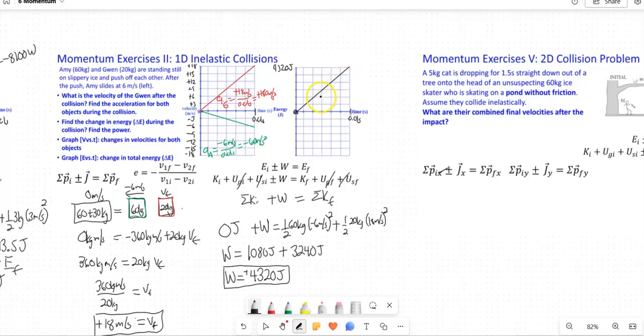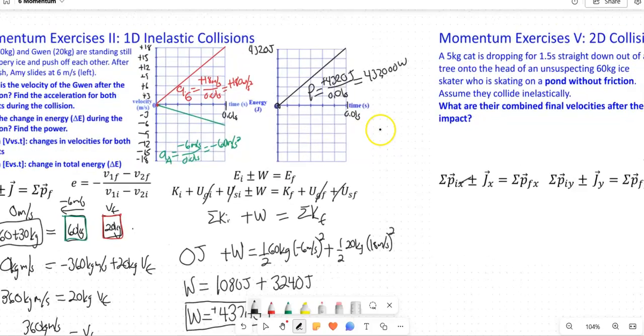And so that power is going to be positive 4320 joules divided by 0.01 seconds, which is 43200 watts, which is huge.